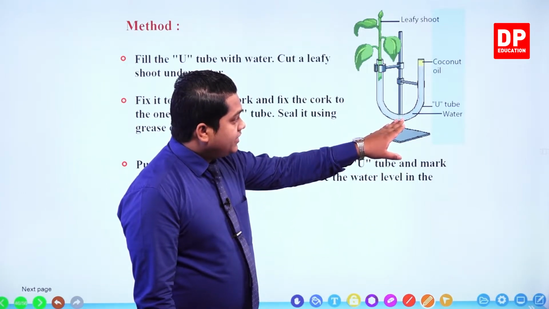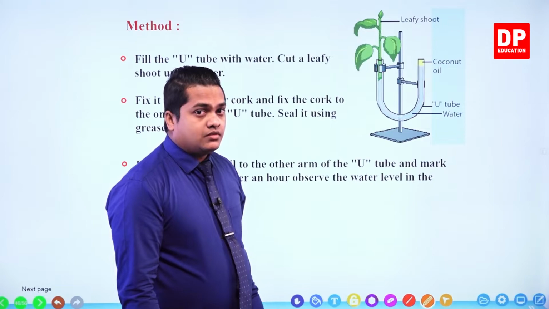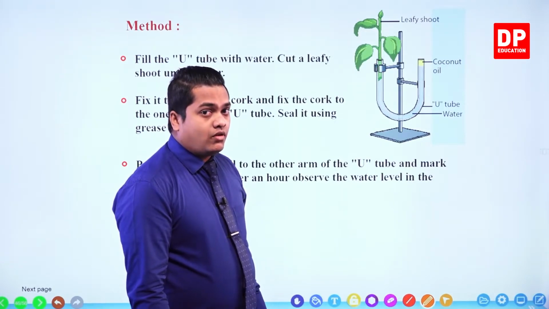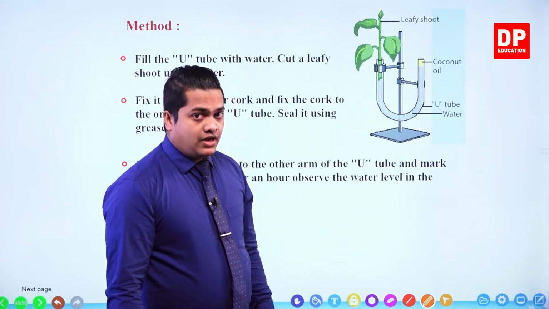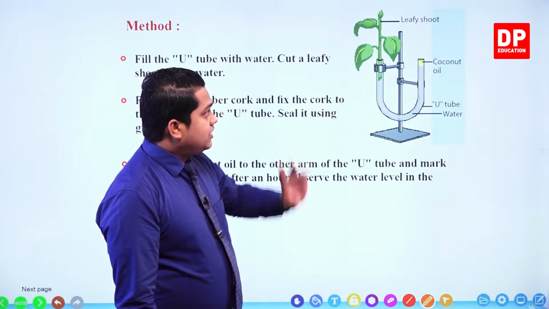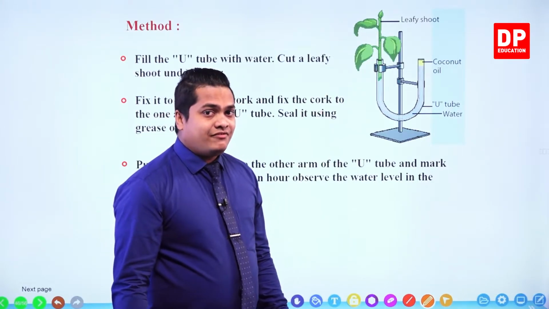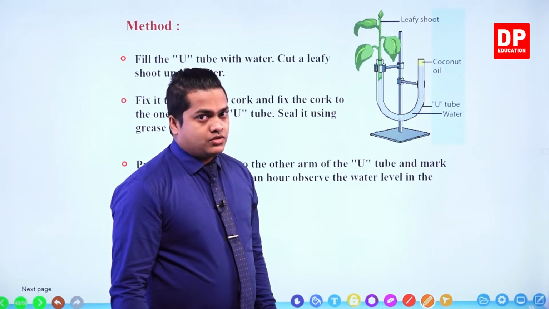Then water is filled up to the topmost level until the coconut oil layer hits the stopper. Then at the next level, the shoot is fixed at the other arm of the U-tube, right?